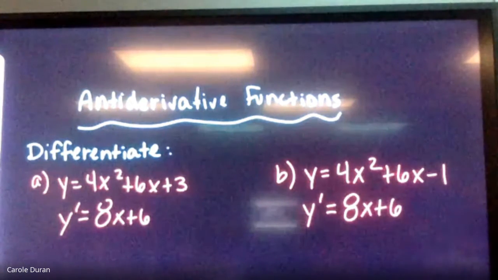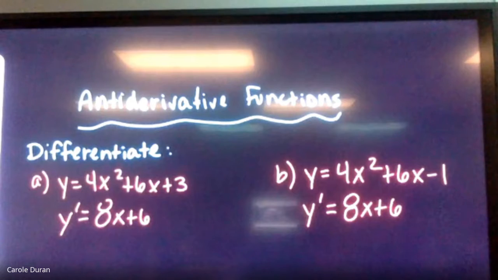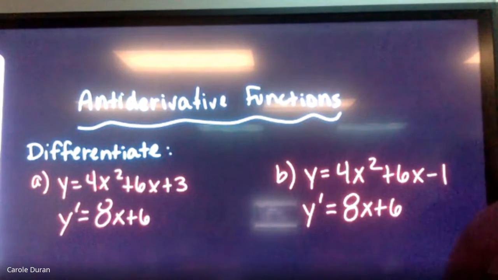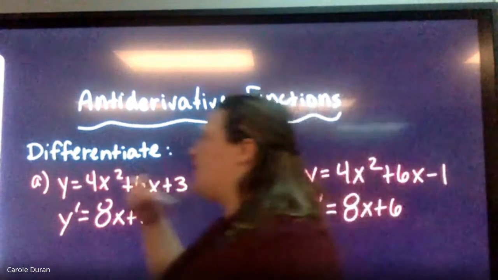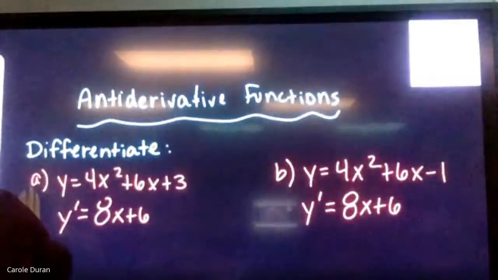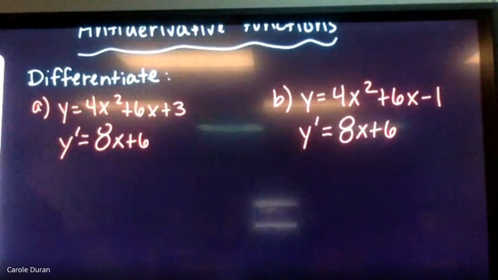So how did it happen that I had two different functions that gave me the same derivative? Okay, so when we're taking an antiderivative, we don't necessarily know if there was a constant or what the constant would have been. So when we start taking antiderivatives in indefinite integrals, we need to start introducing a plus c at the end. You're going to hate it when I say that a lot.